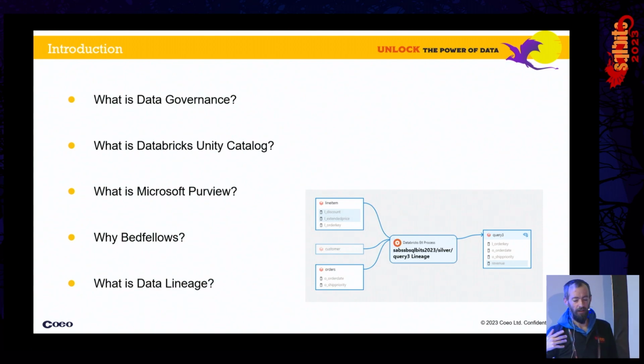Microsoft, on the other hand, have their data governance solution, which is called Purview, and you may have heard of it, and usually said, oh, that costs a lot. But what price do you actually pay for data governance? If you don't have data governance, you're going to be paying hefty fines if your data gets out there.